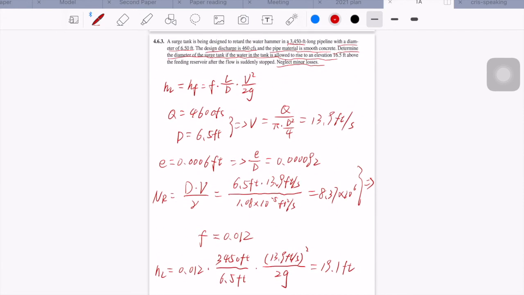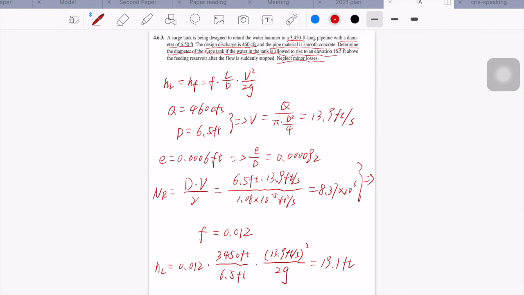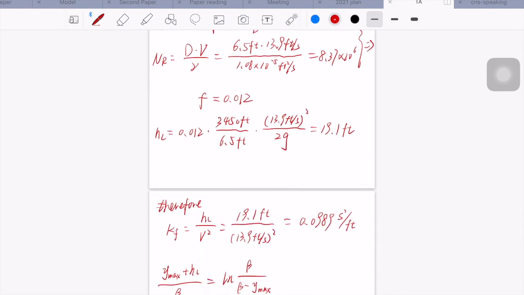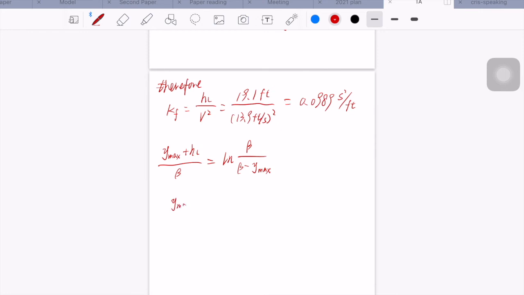The problem told us that y max equals 16.5 feet, and we calculated the head loss before. So the head loss equals 19.1 feet. So we can get that beta is approximately equal to 90.9 feet.